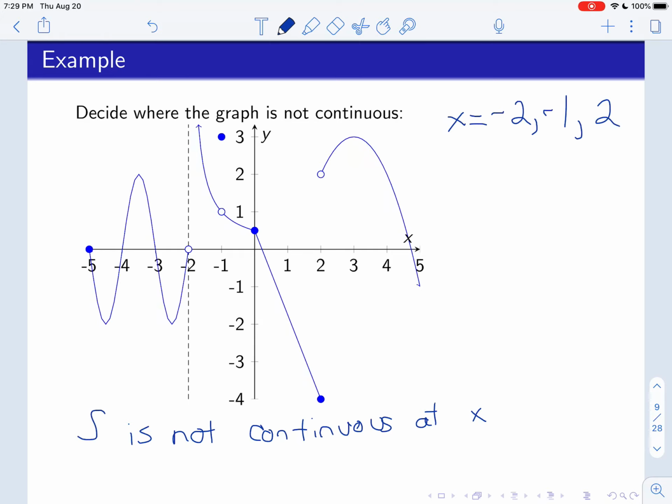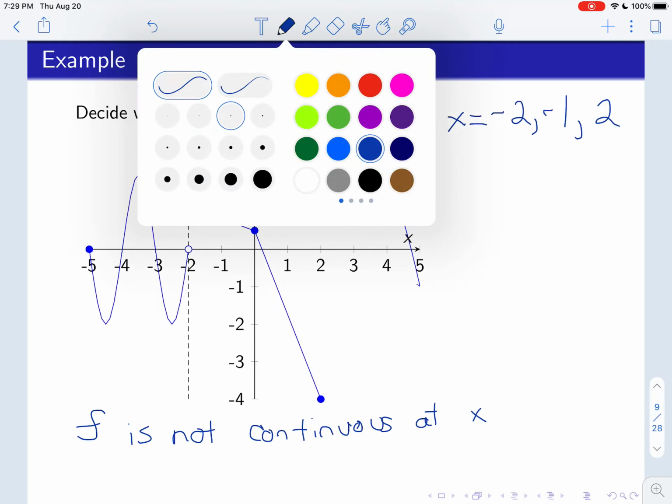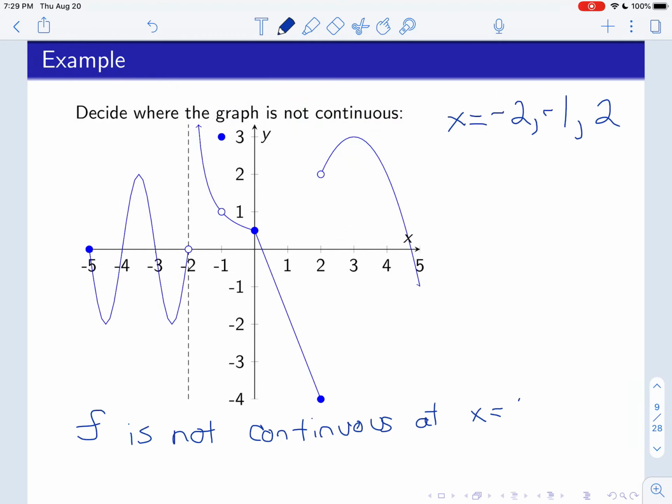The function f is not continuous at x equals 2 because the limit as x approaches 2 of f of x doesn't exist. And that would be enough.